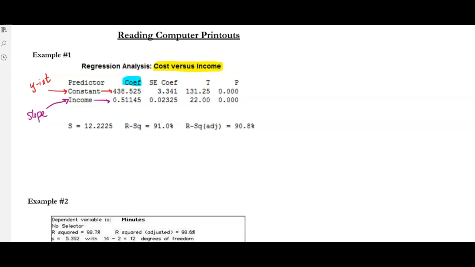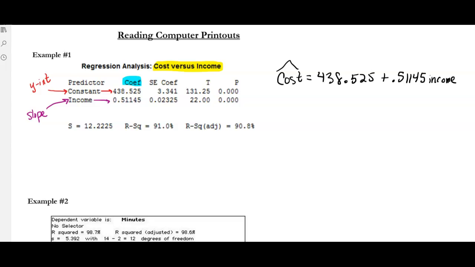Income is given as the slope, so that means I'm predicting cost. So it's going to be cost hat is equal to our y-intercept, 438.525, and then our slope is plus 0.51145 times income.